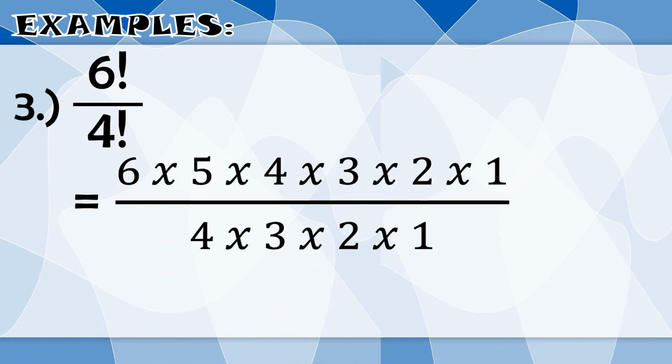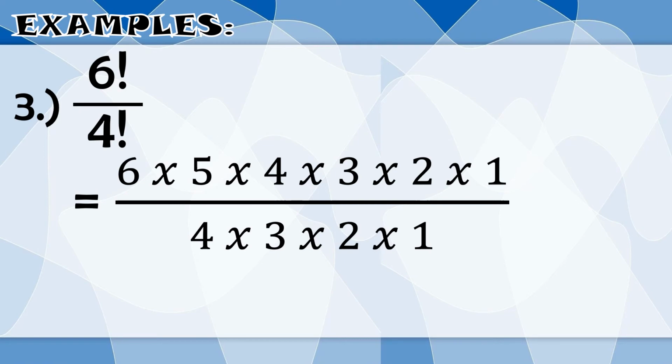For our third example, we have 6 factorial over 4 factorial. 6 multiplied by 5 multiplied by 4 multiplied by 3 multiplied by 2 multiplied by 1, over 4 multiplied by 3 multiplied by 2 multiplied by 1.